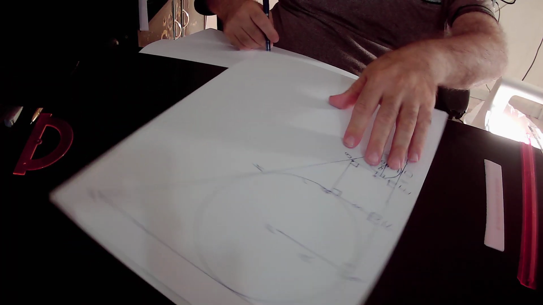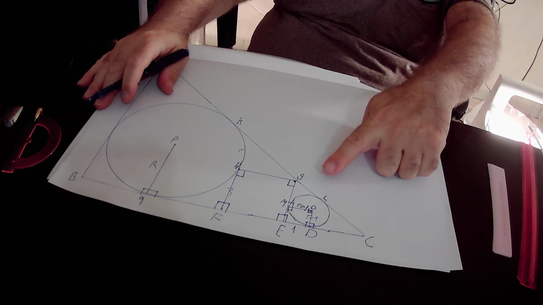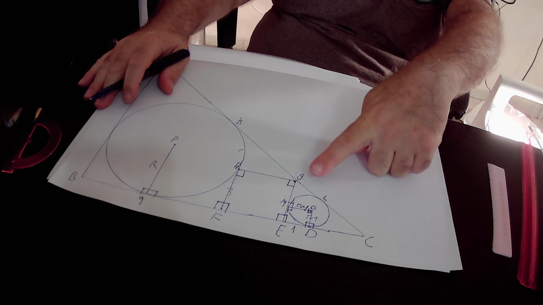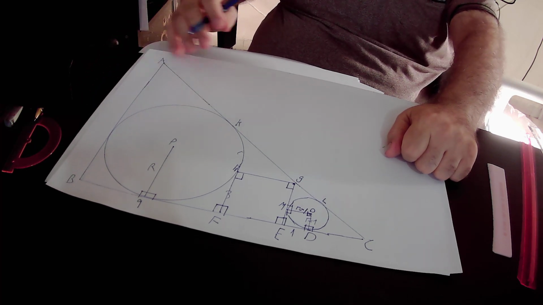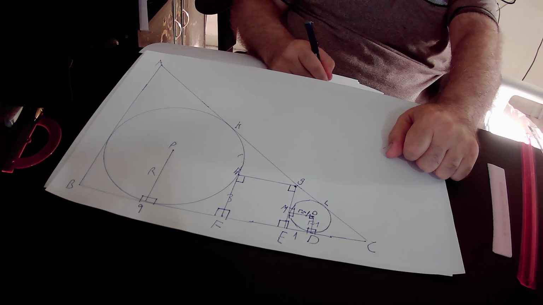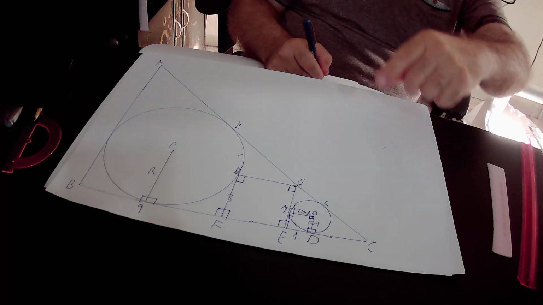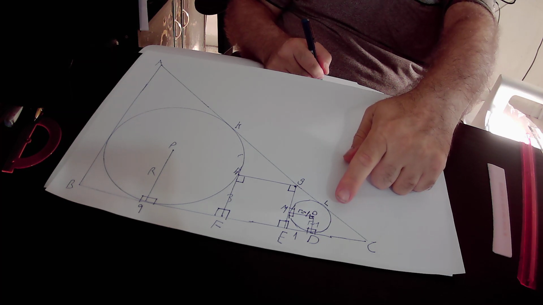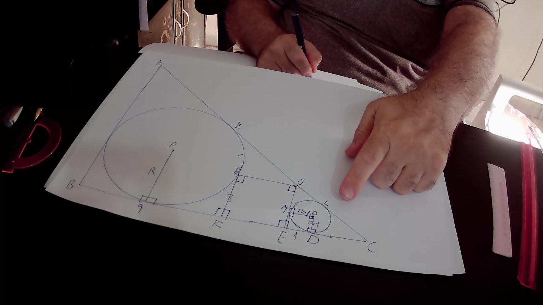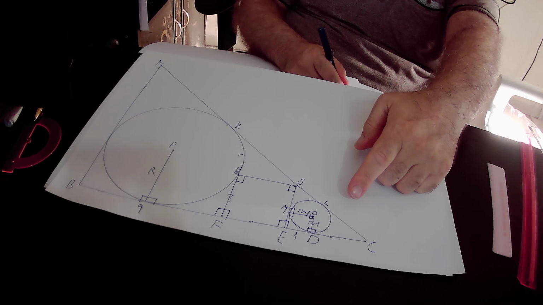Likewise, according to the same rule that the opposite sides of a rectangle are equal to each other, we get that OD equals ME. But we know that OD equals 1 unit. This is the radius of the small circle. So here, OD equals 1 unit.